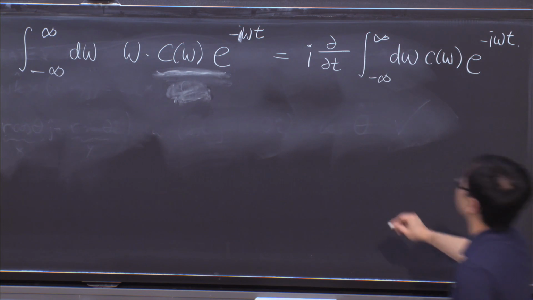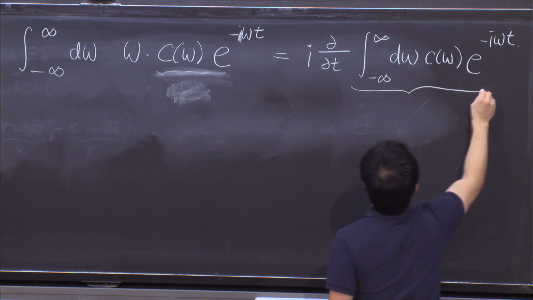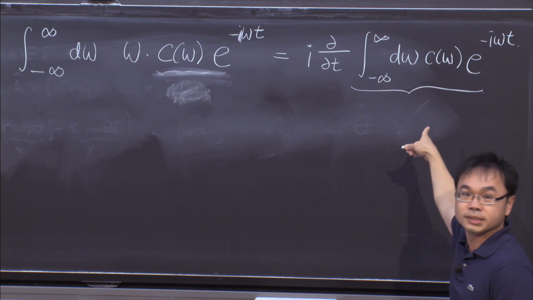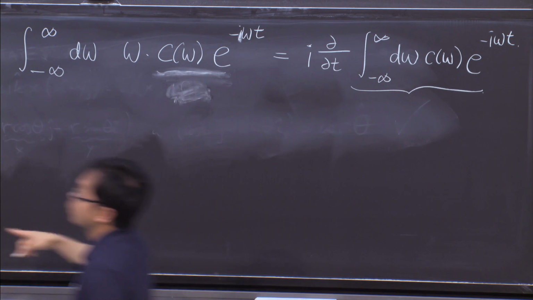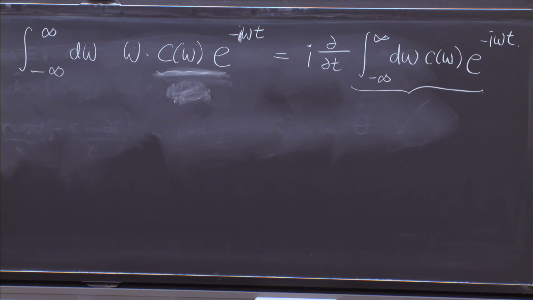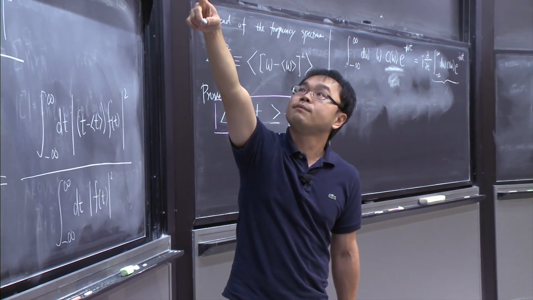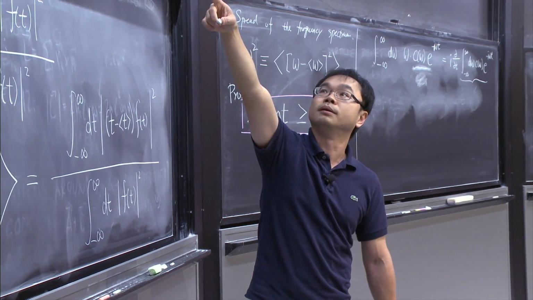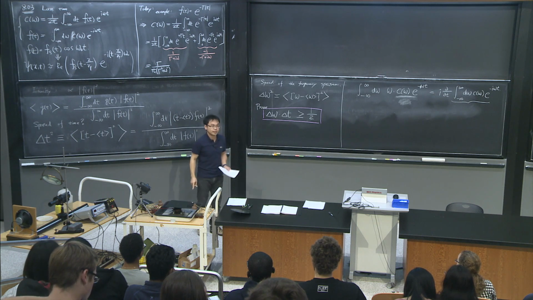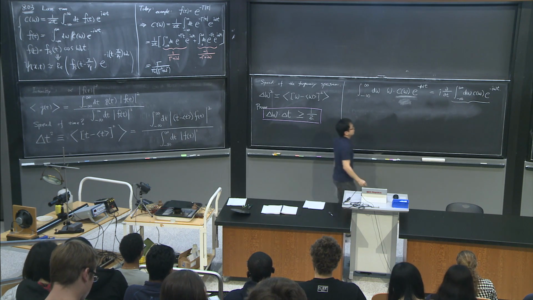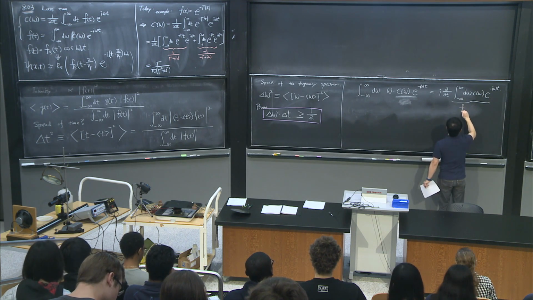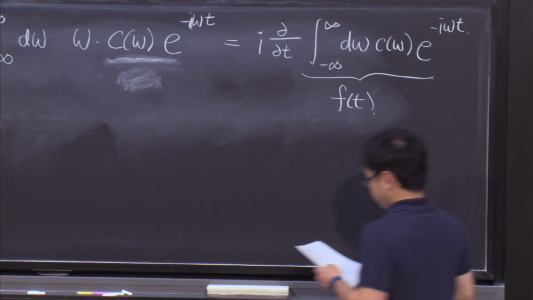And you can quickly realize that we know what this integral is doing. According to the formula which I listed here, f of t is equal to this integral, which I just highlighted there. Therefore, this is just f of t.